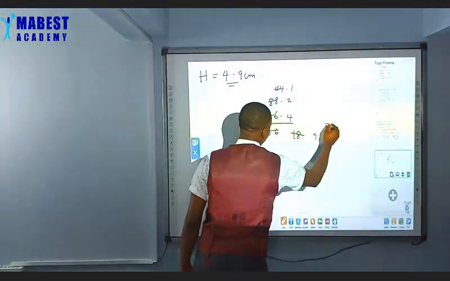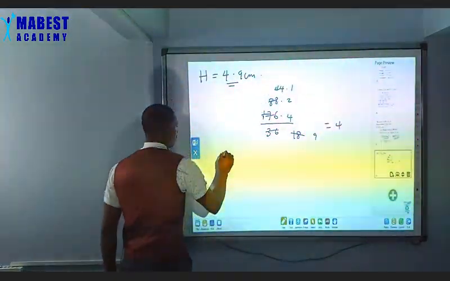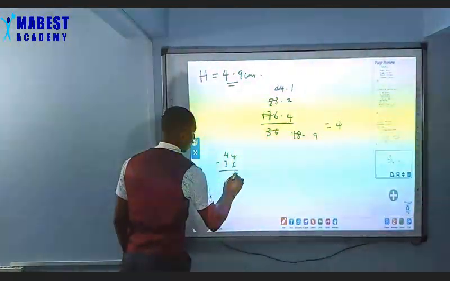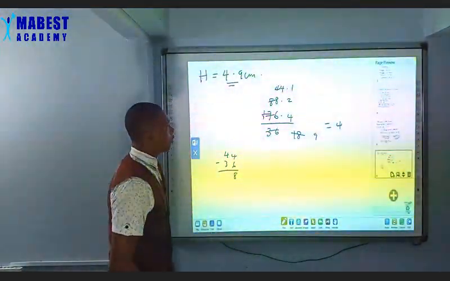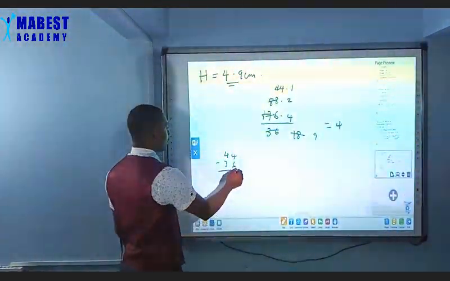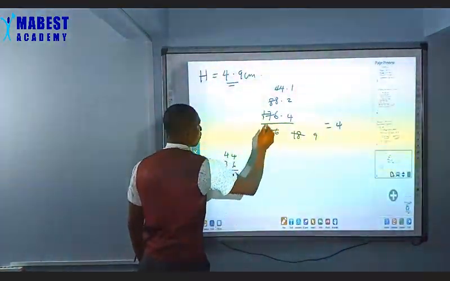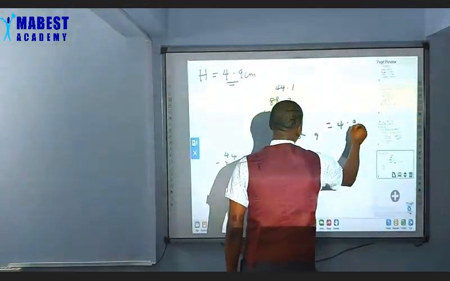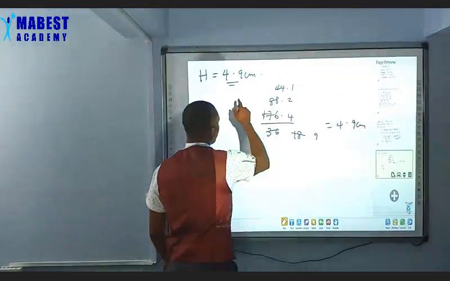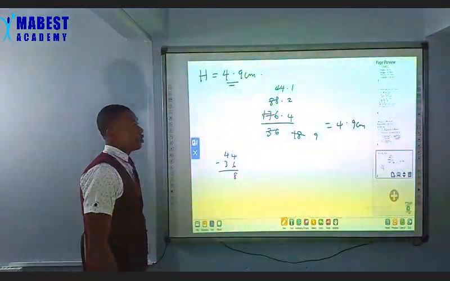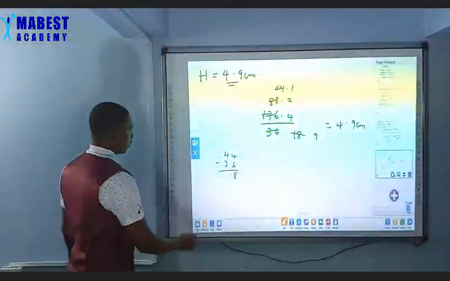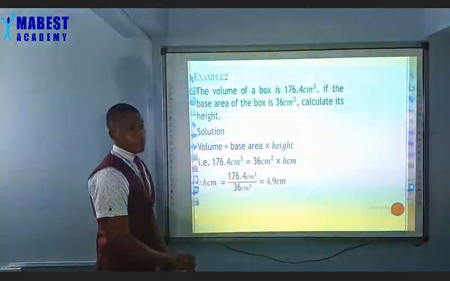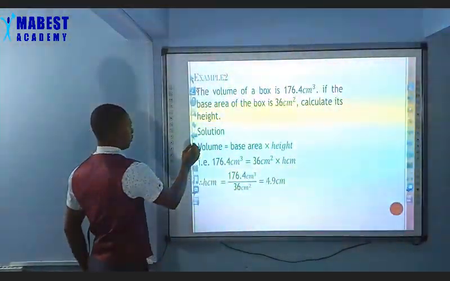So you have 44 minus 36, this is 8. So 9 cannot go in 8. Therefore, how many times will 9 go in 81? That will give you 9 times. Put your point. So that is how we come across 4.9 centimeter. Do you understand? Any question? So you see, we have our answer as 4.9 centimeter.